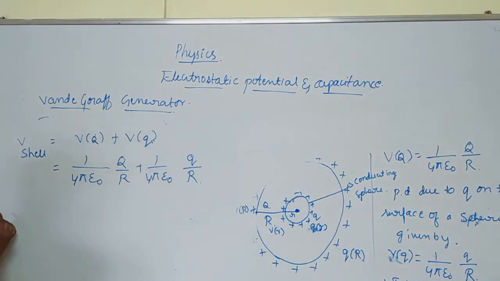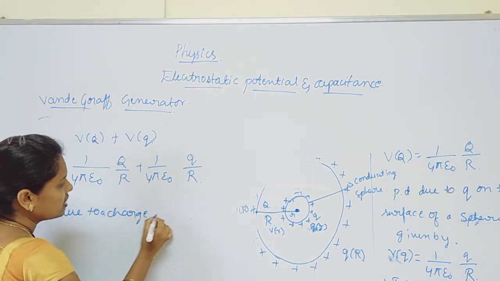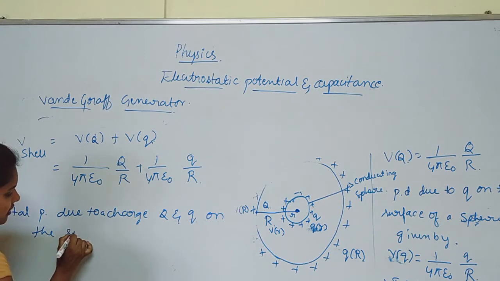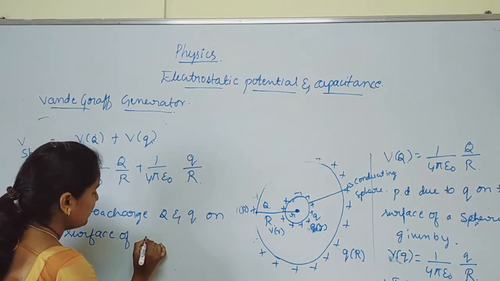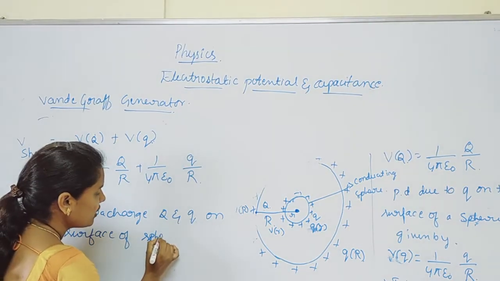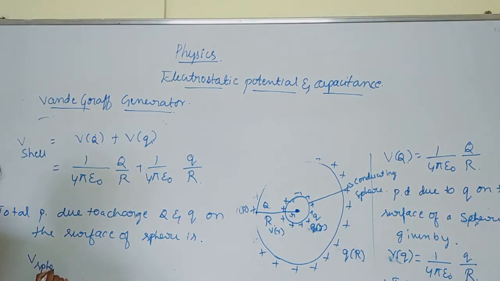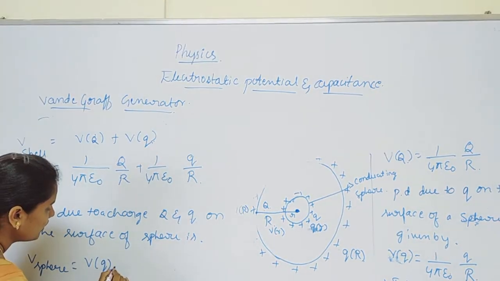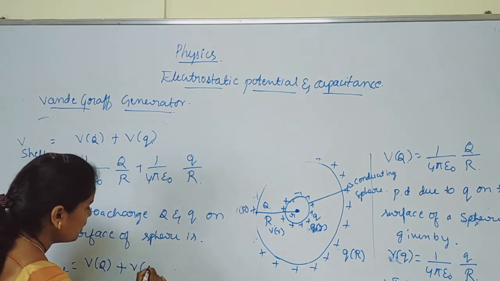And the next one is the total potential due to charge Q and small q on the surface of a conducting sphere, given by V sphere equals V of Q plus V of small q.